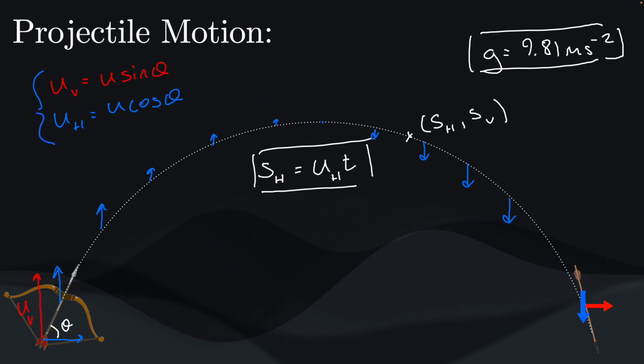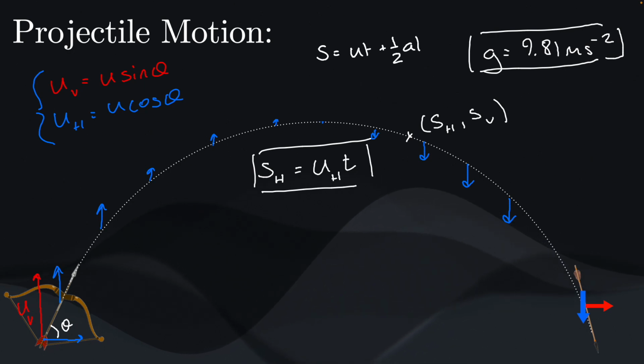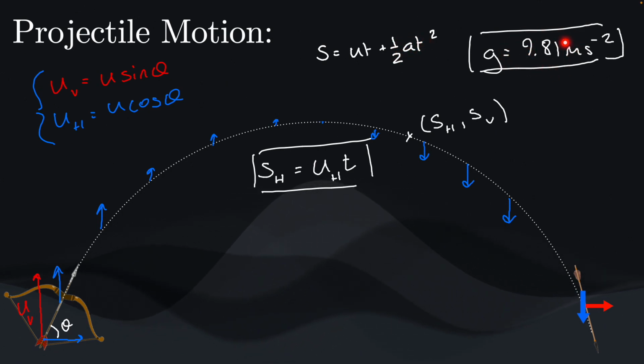So now we have the initial vertical component of the initial velocity. What we can do is apply it to one of our formulas, and that formula is S is equal to ut plus half at squared. One thing that's really important is that in this case it's not a. Our value for the acceleration is just g, a constant acceleration.